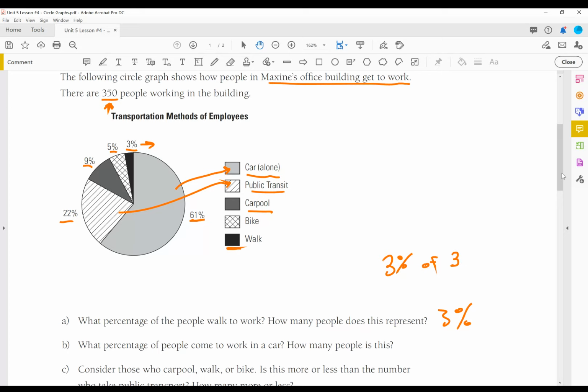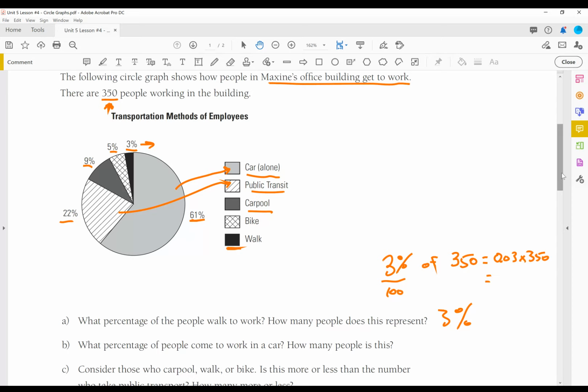So 3% of 350, the way we find that is we take 3% and convert it to a decimal. That means divide it by 100. So we have 0.03, and then we multiply the percentage as a decimal by 350, the total number.